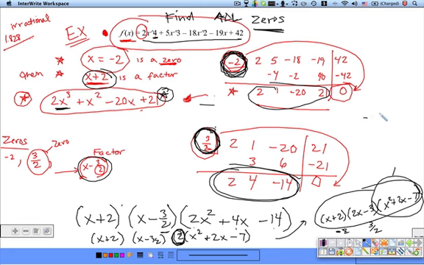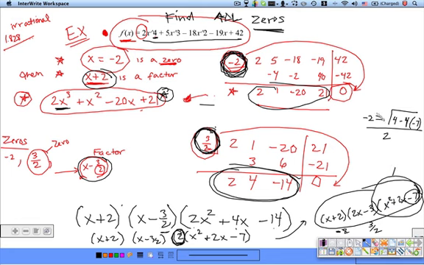Negative b, which is 2, plus or minus the square root of b squared, so 2 squared, which is 4, minus 4, oh goodness, a, which is 1, times c, which is negative 7. All over 2 times a, which is 1.